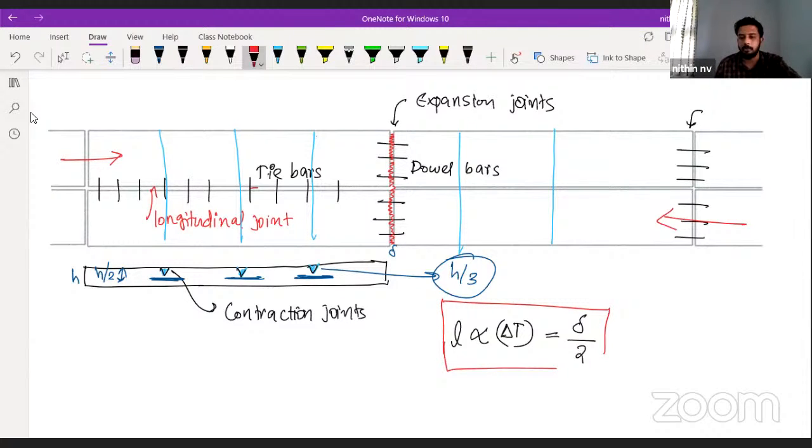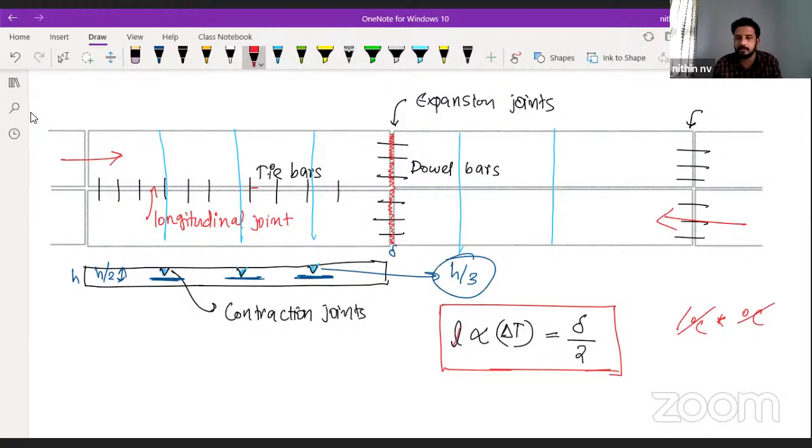You can just remember, if L is the length of the slab, or the spacing between the expansion joints, then we take L into alpha, where alpha is the coefficient of thermal expansion. The unit is per degree Celsius, and temperature should be in degrees Celsius, so that degree Celsius and per degree Celsius cancel.